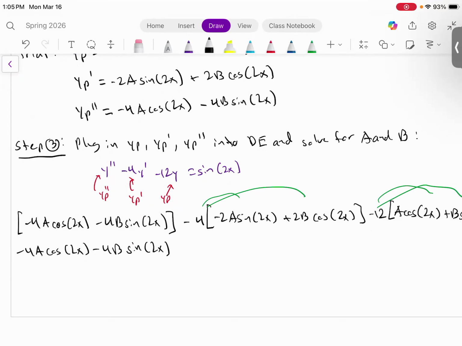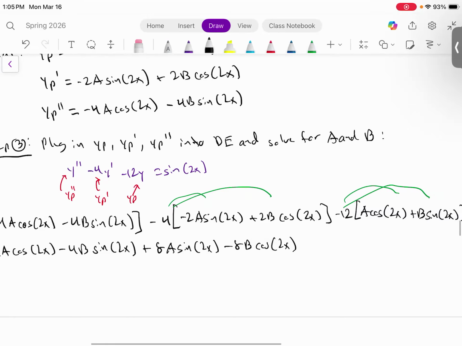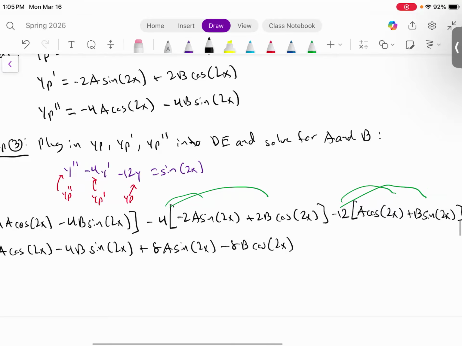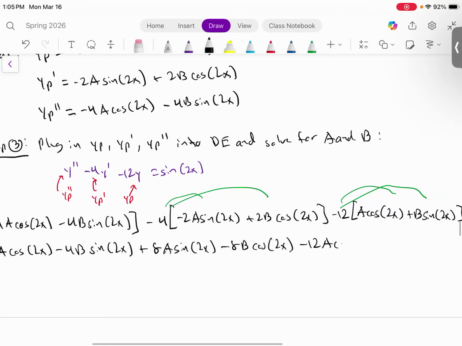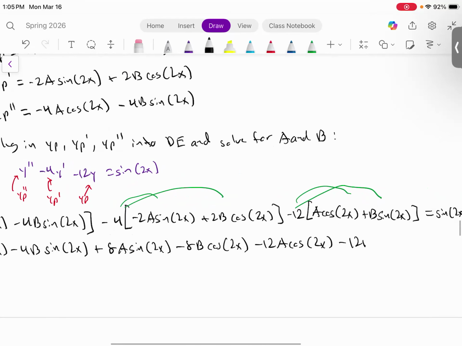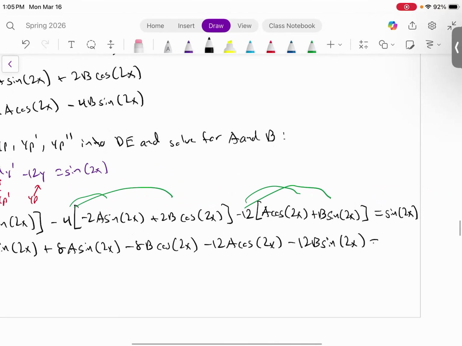And so this would be plus 8a sine of 2x minus 8b cosine of 2x minus 12a cosine of 2x minus 12b sine of 2x, and it all equals sine of 2x.